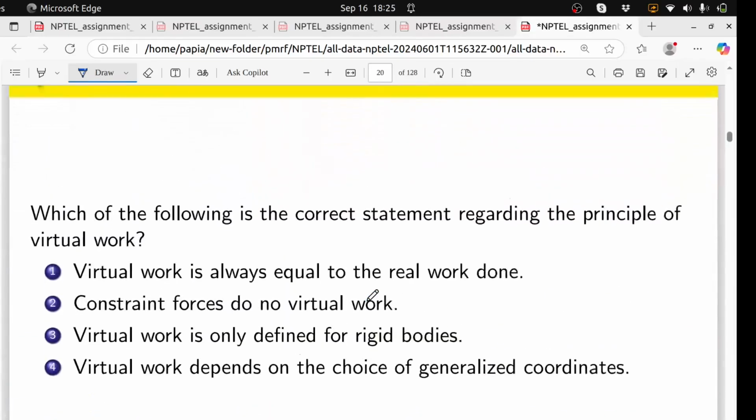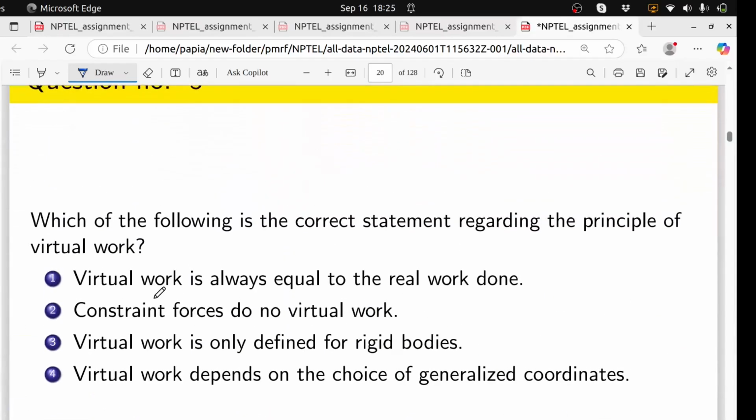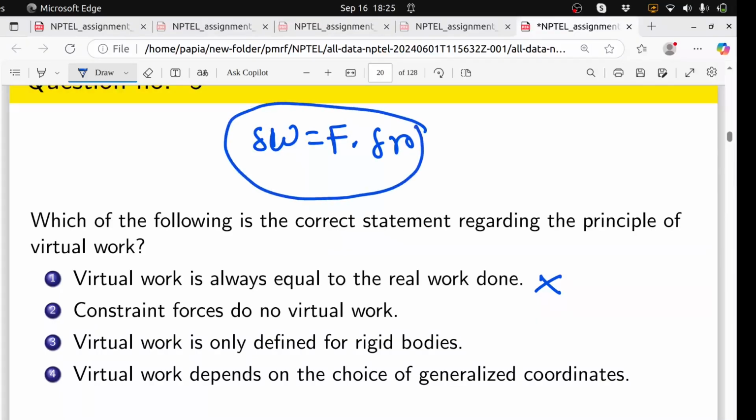Now coming to the question: which of the following is the correct statement regarding the principle of virtual work? The first option says virtual work is always equal to the real work done. No, virtual work is not equal to the real work, because delta W equals F dot delta R, the force times the virtual displacement.